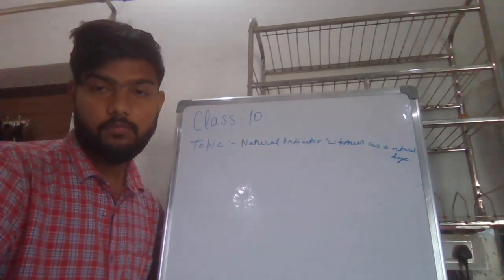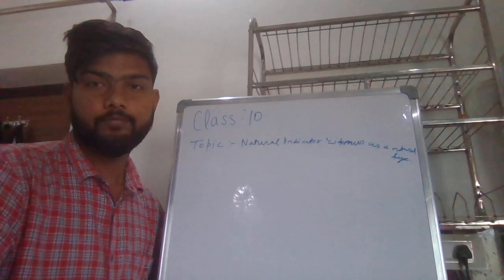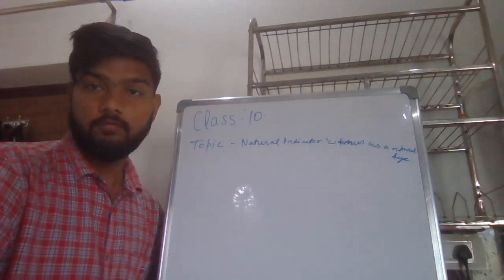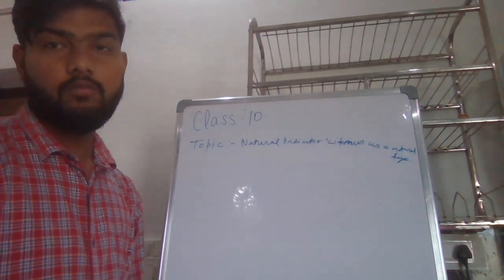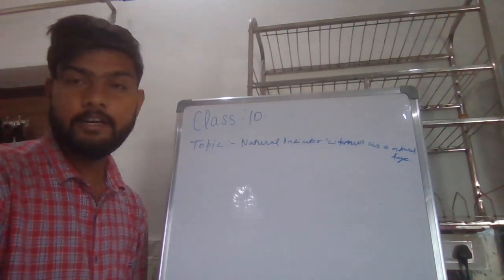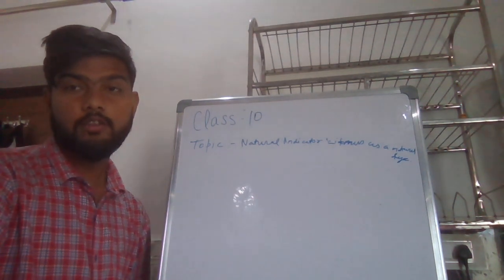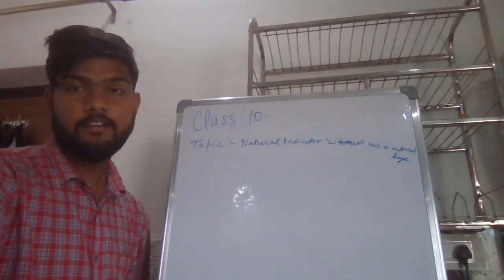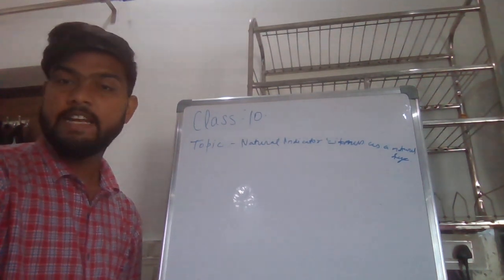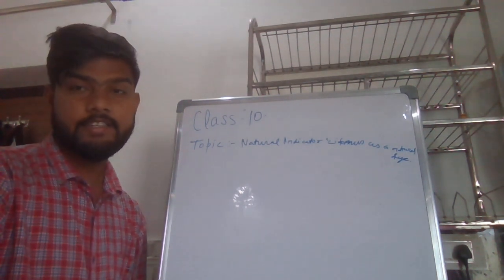Here we will come to know that litmus is a natural indicator. So what is the litmus natural indicator here? Litmus is the most commonly used natural indicator, which is extracted from lichens. It has a mauve color in distilled water.